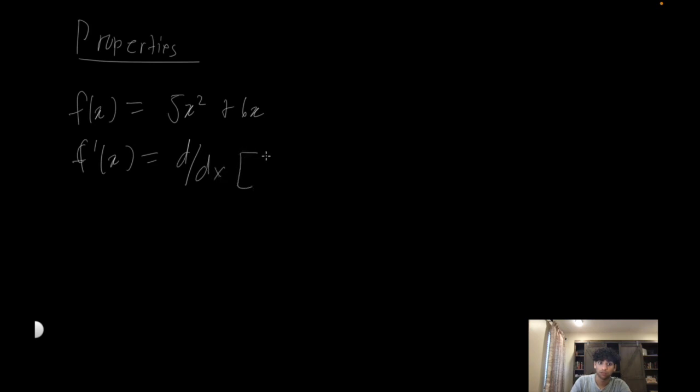So that would just look something like this. I'm just going to write the plus 6 to indicate that this term is positive. So this is a property that we're going to have to know to use the power rule.